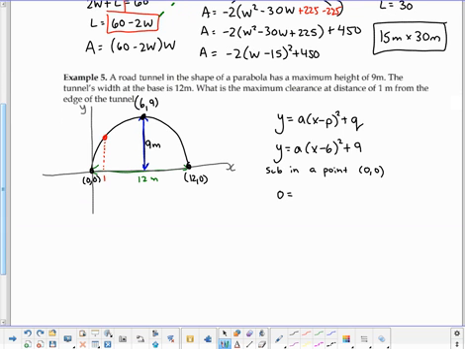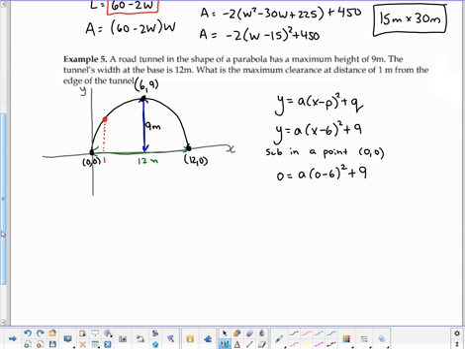0 equals A times 0 minus 6 squared plus 9. So we have to subtract 9 over to the other side. I'm doing this question fast, I know, but we've done these before. Negative 9 equals 6 squared is 36, so 36a, and then divide both sides by 36.